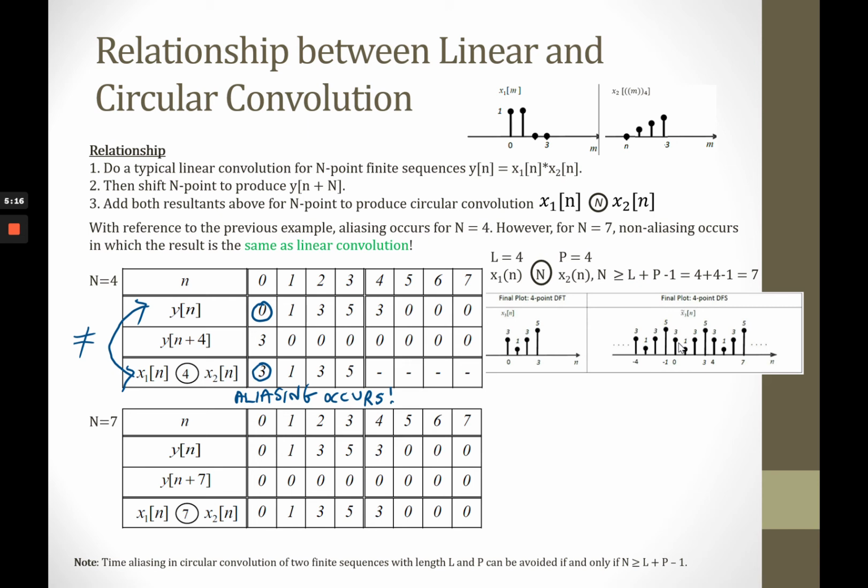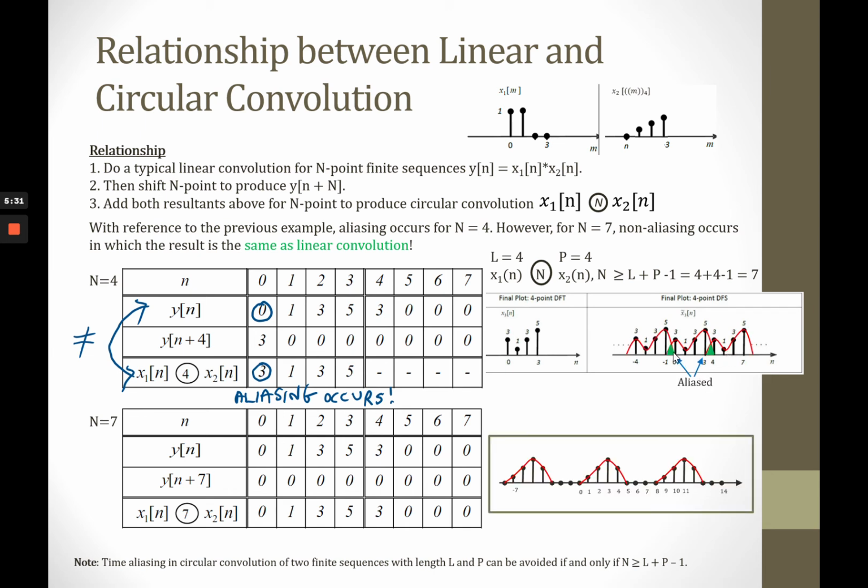And when we sketch the 4-point DFS, so this is for 0 until 3, the 4 samples of the original result, and we repeat on the left and right side, we find that aliasing occurs between -1 and 0, between 3 and 4. Okay, at the beginning of the sets of 4-point signal, because y[n] is not equal to the circular convolution result for N equal to 4, so aliasing occurs.